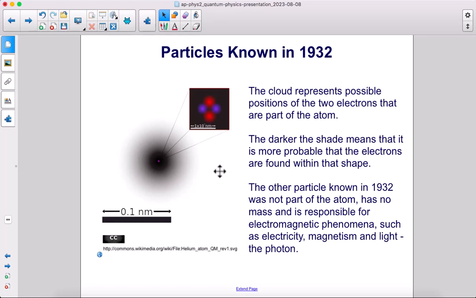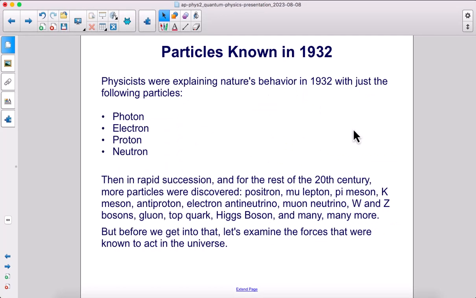The other particle known in 1932 was not part of the atom, has no mass, and is responsible for electromagnetic phenomena such as electricity, magnetism, and light, the photon. Physicists were explaining nature's behavior in 1932 with just the following particles: photon, electron, proton, and neutron.